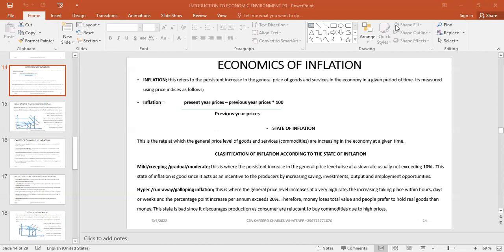This is where there is a persistent increase in the general price level of goods and services at a very high rate, and the percentage increase is the rate at which inflation is increasing. It is increasing per hour, per day, per week.